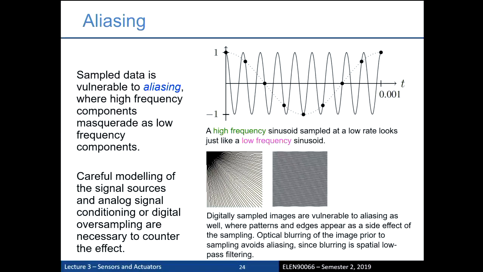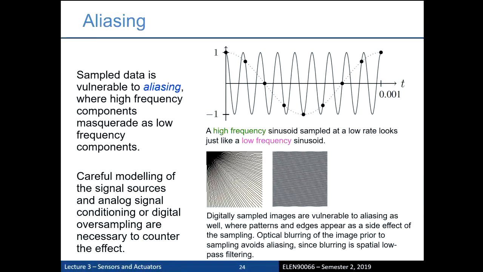Okay, so if we have high frequency components present in our raw sensor values that are coming in, it may look like something else in terms of the values that we read. And that's called aliasing. So how do we get rid of aliasing? It's pretty simple. You just whack a low-pass filter on your input to get rid of any high-frequency content.